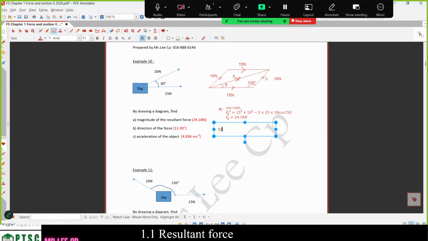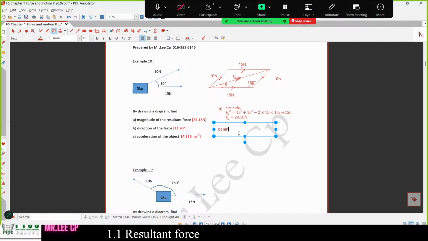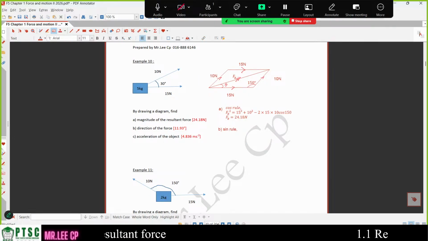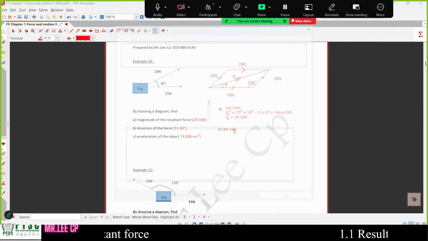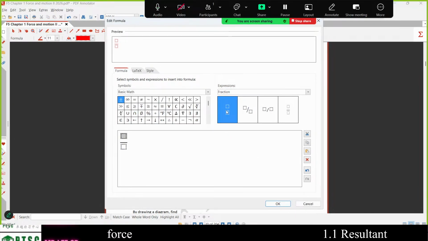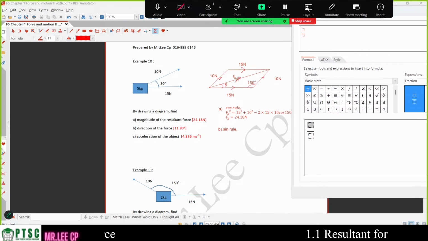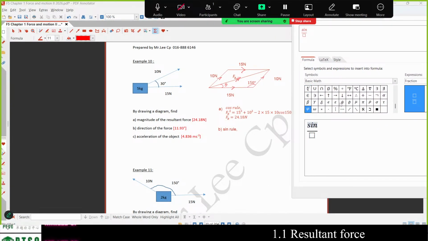Sine rule. We are using sine theta over the opposite.